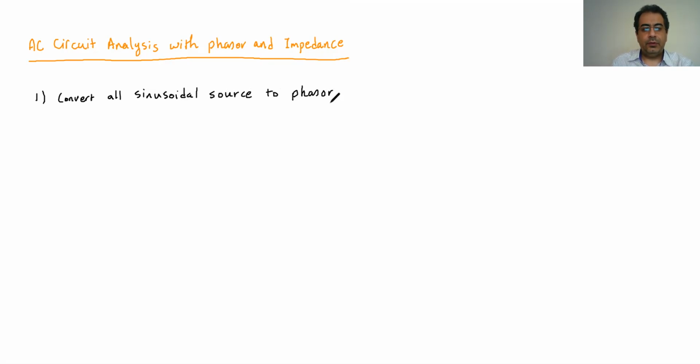For example, if you have the voltage, v(t) is going to be V max cosine of omega t plus theta, I'll call it theta 1. Then we will write it as a phasor: V is V max with the angle of theta 1.